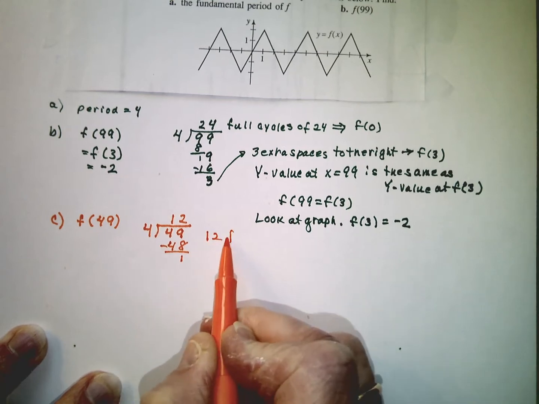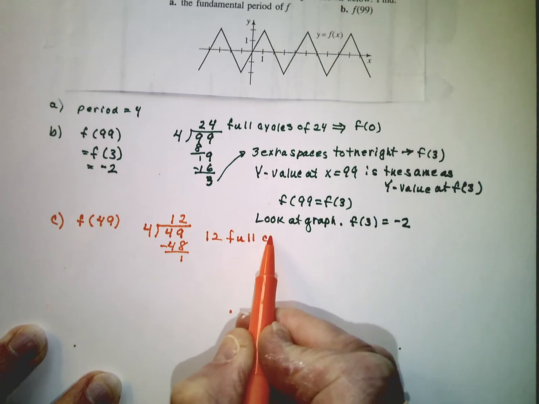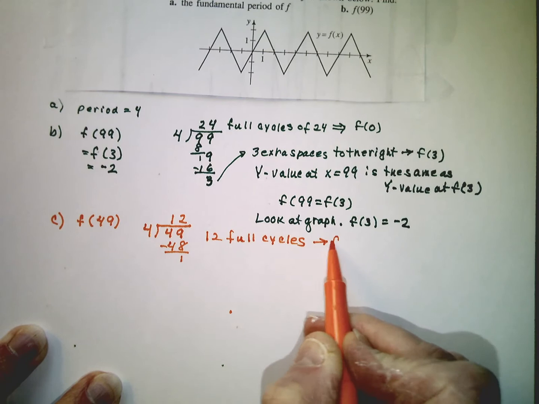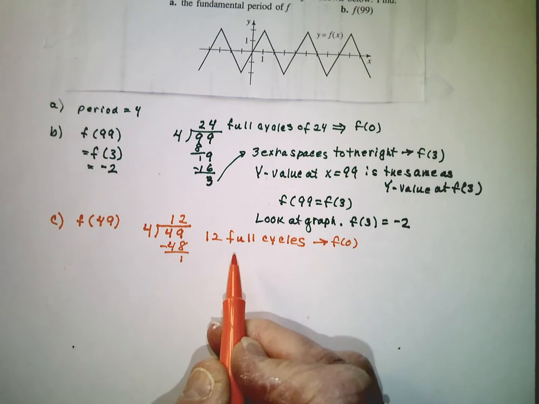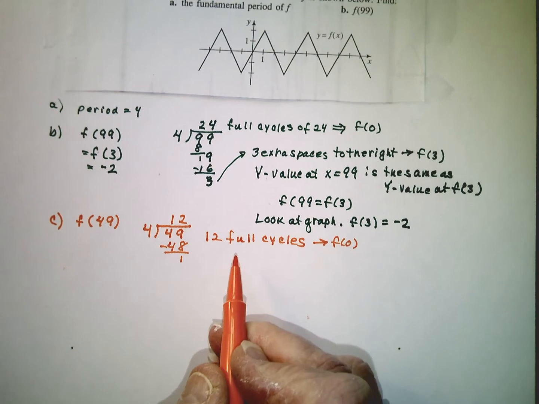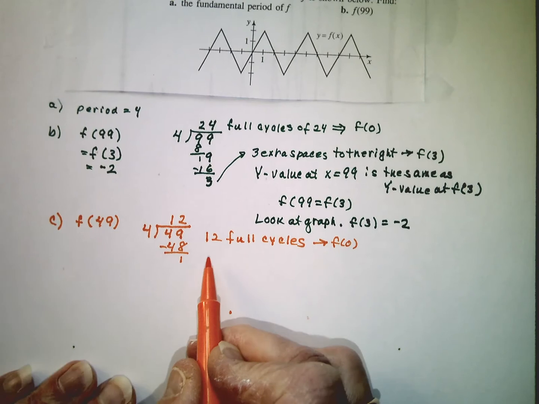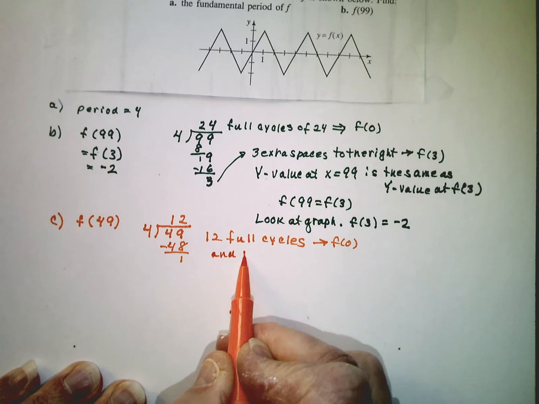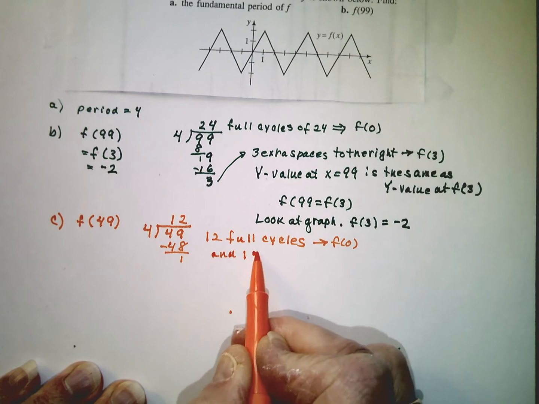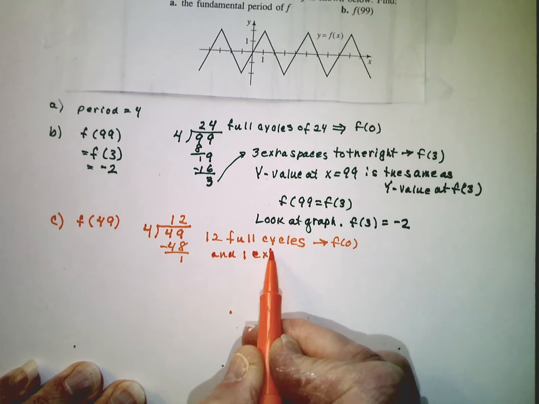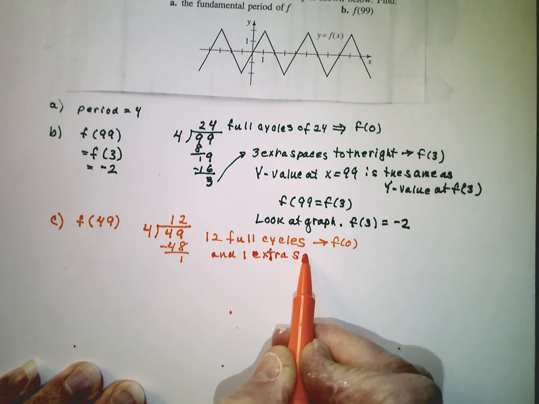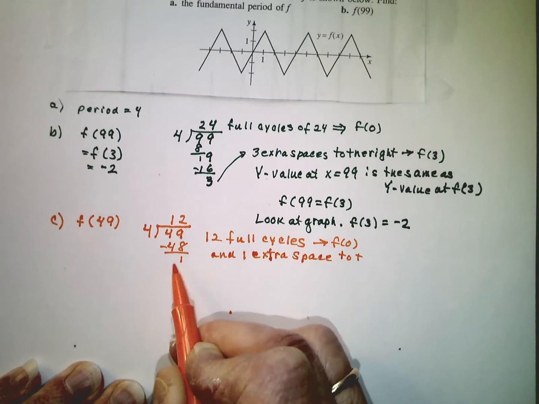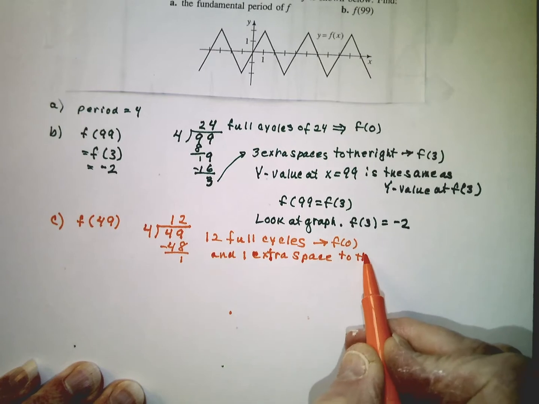So we have 12 full cycles, which takes us back to f of 0, and 1 space extra to the right. And it's to the right because the remainder is positive 1.